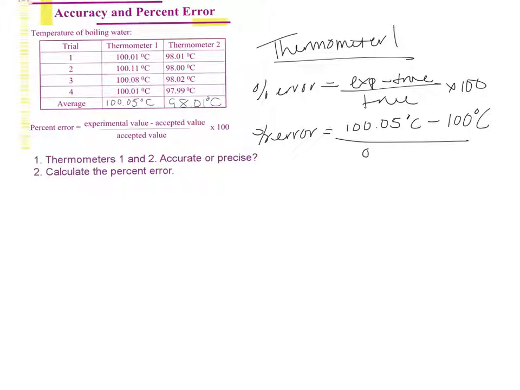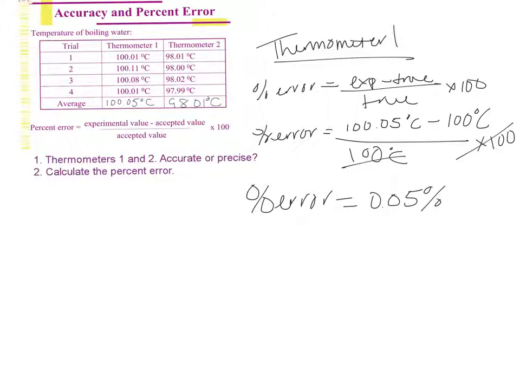Divided by, oh, that's, well, here. Yay! All right. And then times 100, which, seriously, those are dumb. Our percent error is going to equal 100.05 minus 100, which is 0.05% error. Ta-da! We win, everybody.